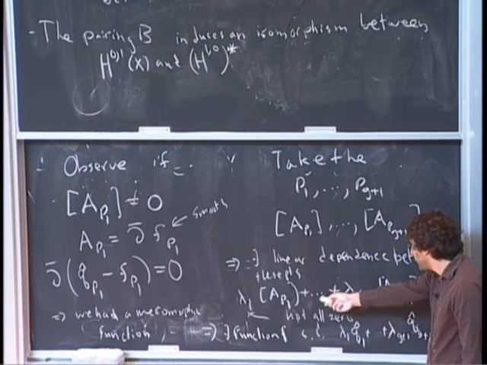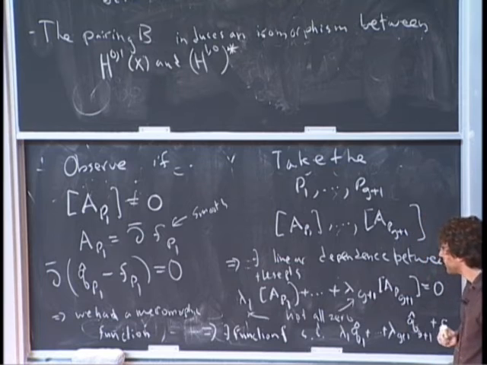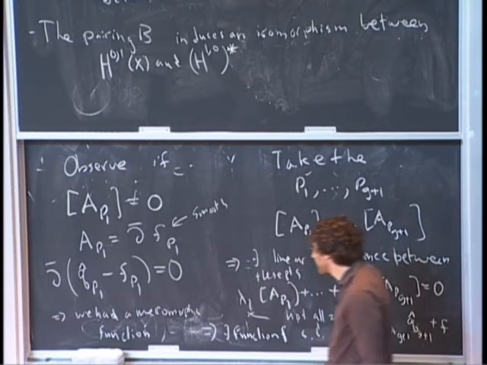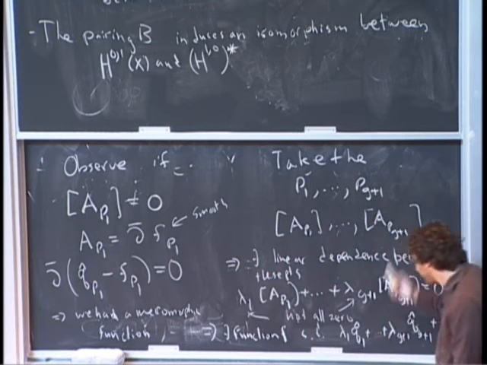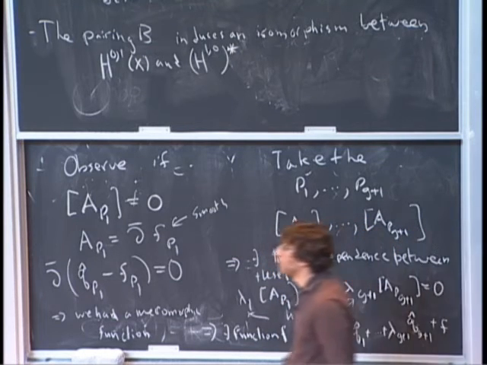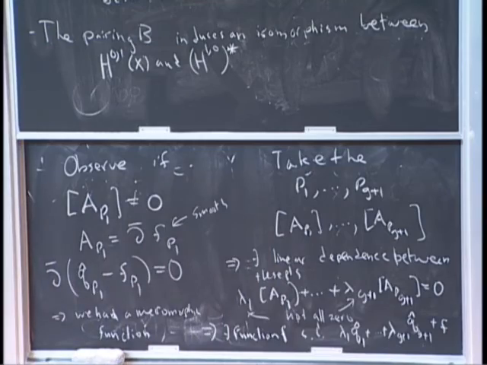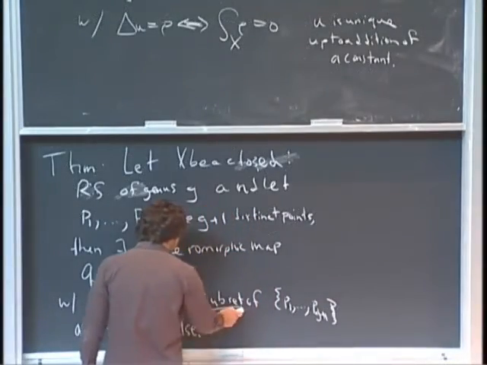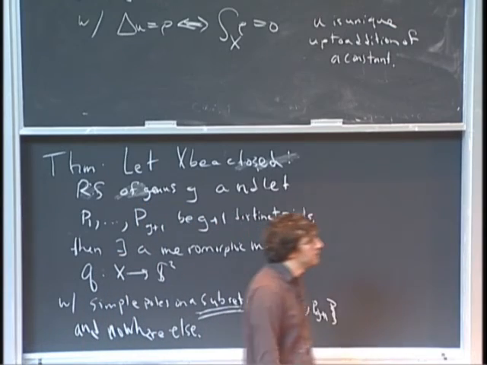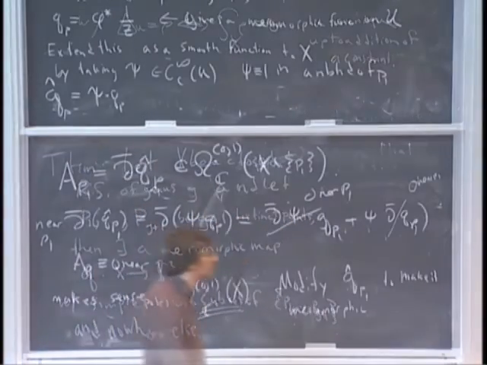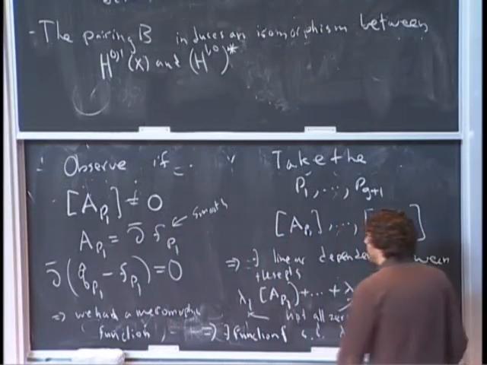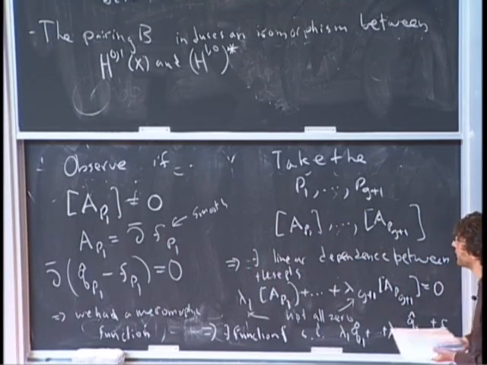It's possible a lambda could be 0, and then we wouldn't get a pole there. So that's why this subset shows up. Okay, so that's the proof of the existence of a meromorphic function.